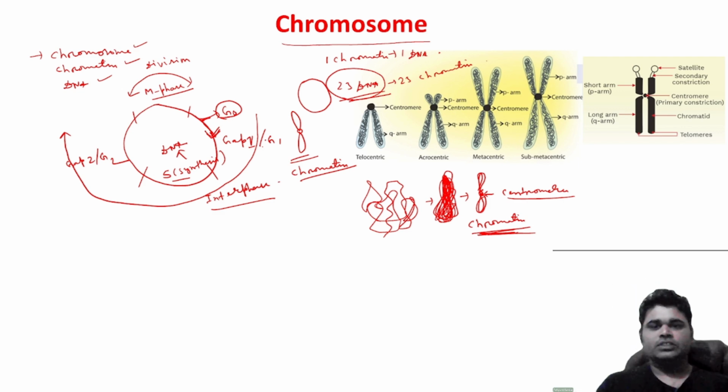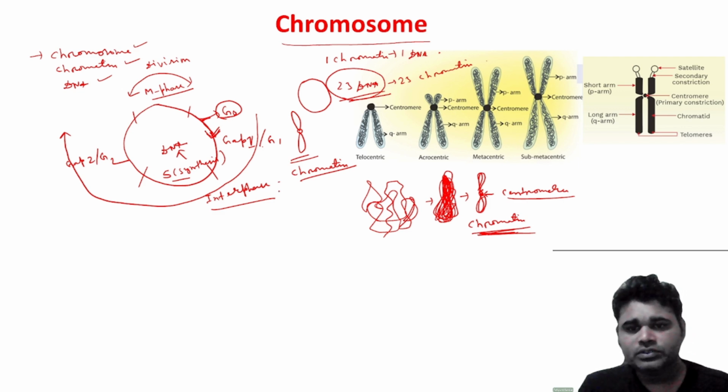Now in the S phase, the DNA is synthesized. In that chromosome one DNA is present, and it coils together to form this structure called chromatin.